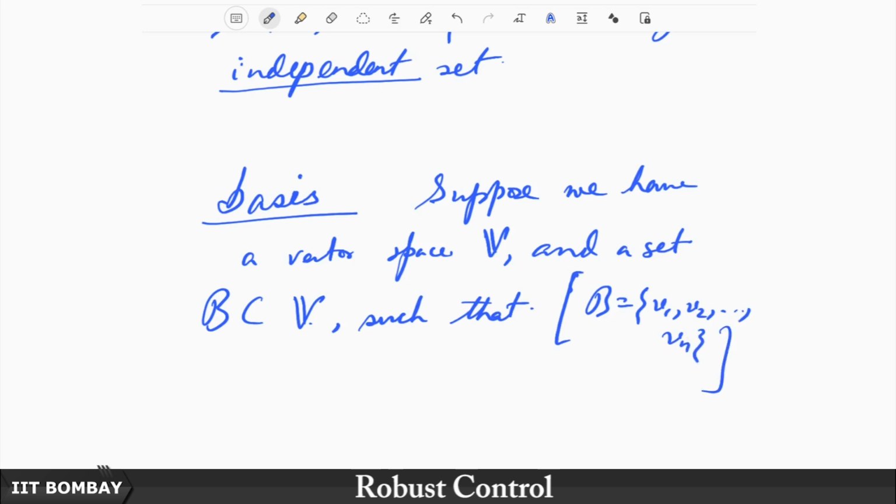This is just within parentheses, you do not need to read this. This is just something that I have given you to get some idea about what this set called basis looks like.